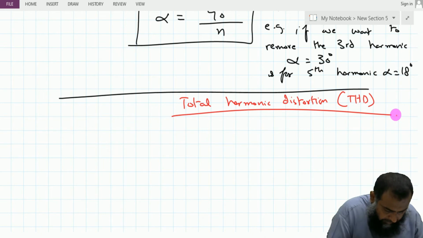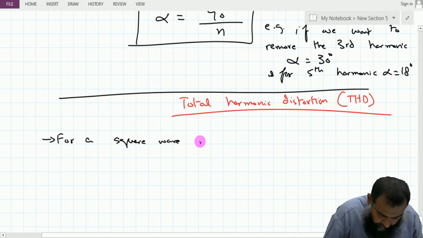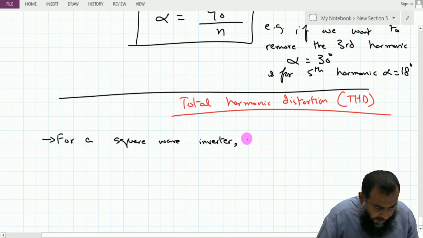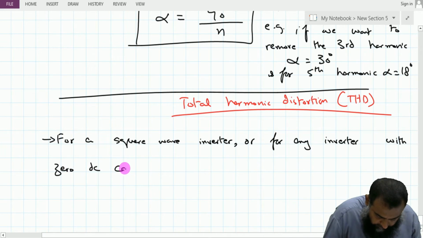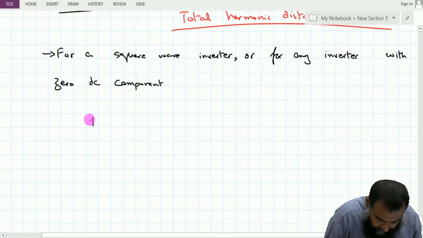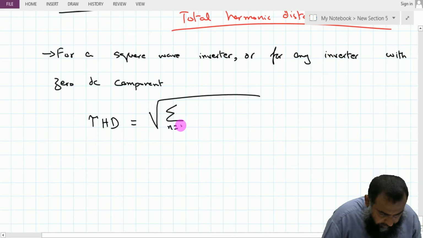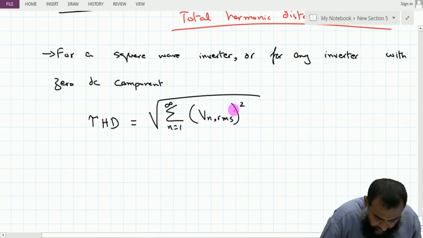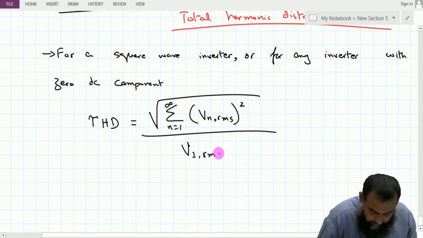So for a square wave inverter, or for any inverter with 0 DC component, the total harmonic distortion is given as the square root of the sum for n equal to 1 to infinity of Vn RMS square, divided by the fundamental component present in that system, V1 RMS.